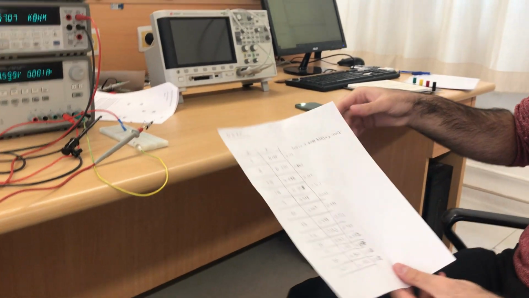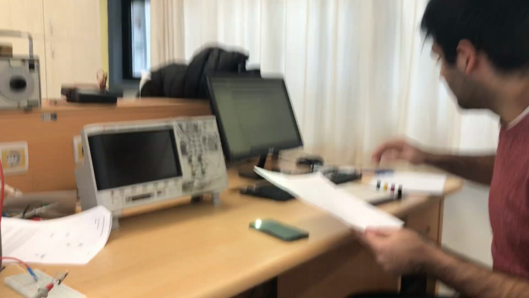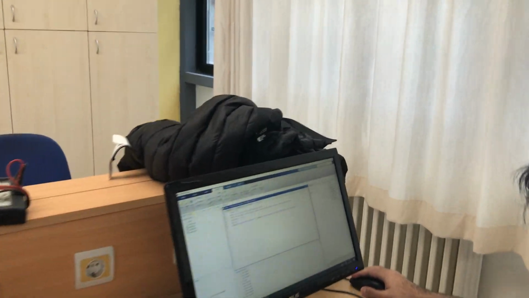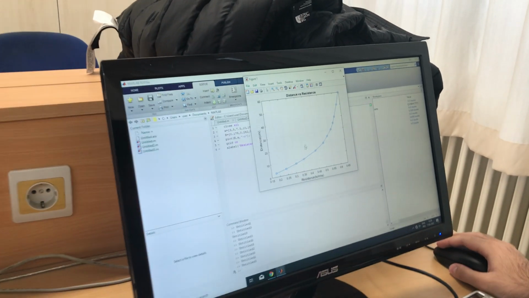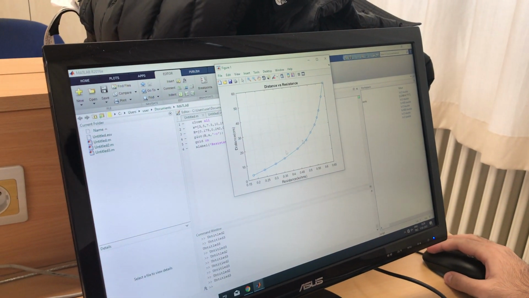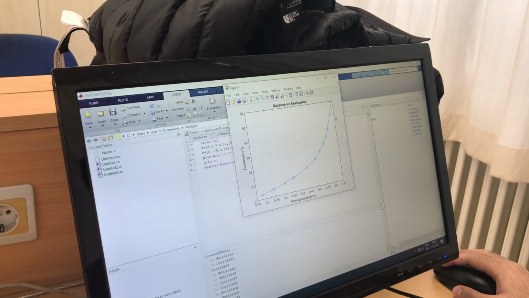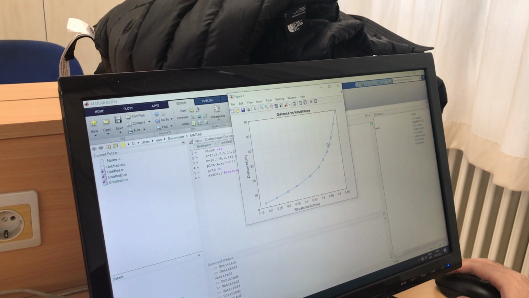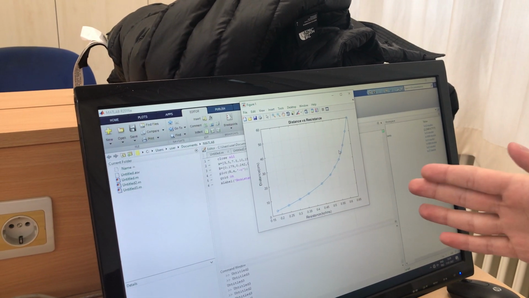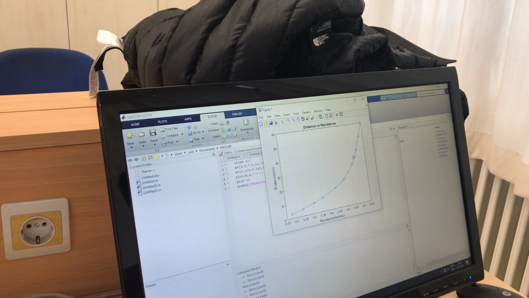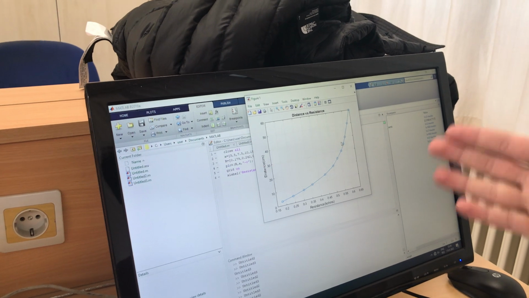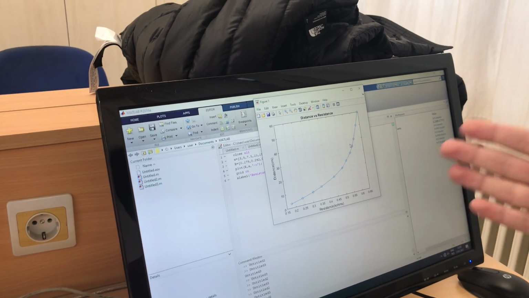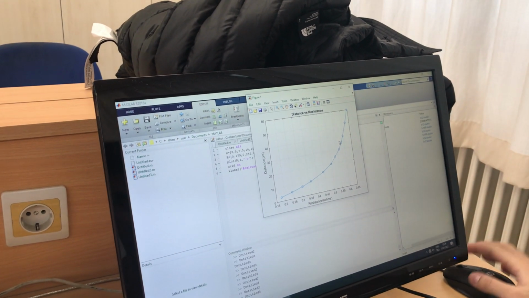When I plot these values in MATLAB, here, this is my code, I obtain a graph like this. You can observe that this graph looks like an exponential function, so I am going to use the logarithmic scale and take the logarithm of both sides.